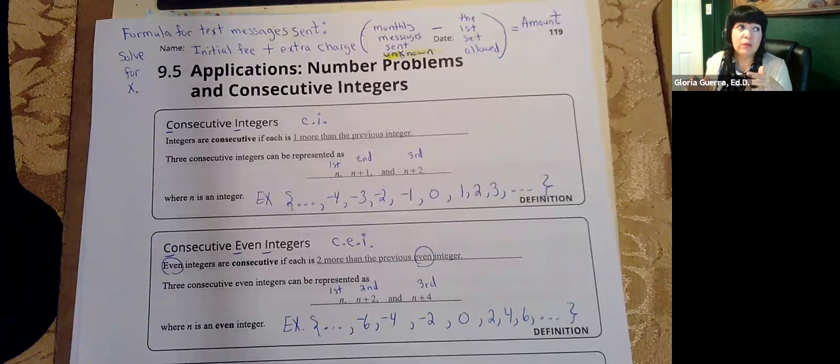Okay, and then you label. If you have to label, is it feet? If we're talking about trees, are you labeling feet? Are you talking about a formula like a geometry formula where you got to keep track of the units?